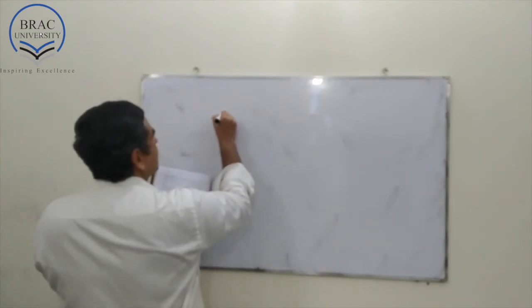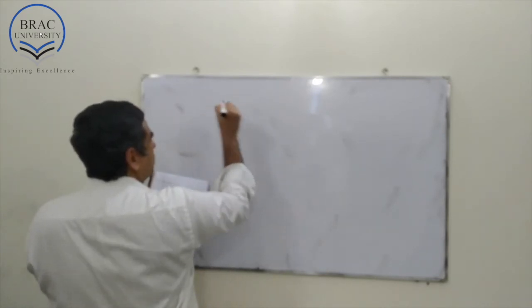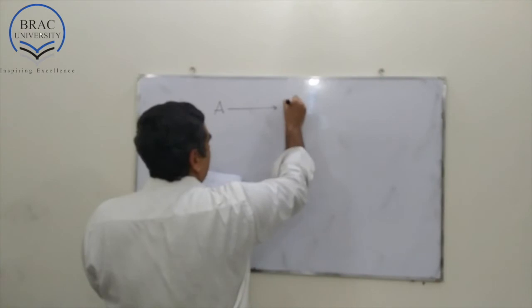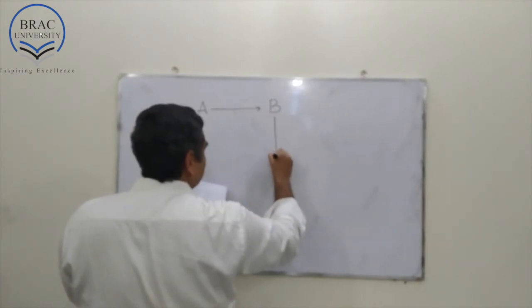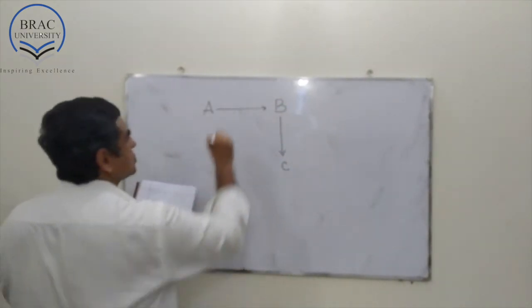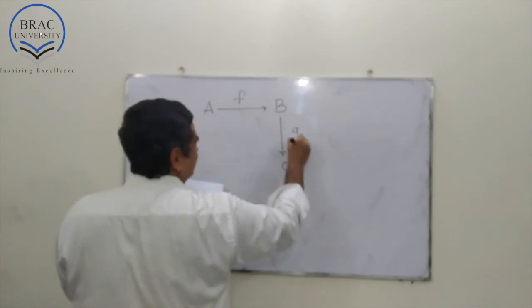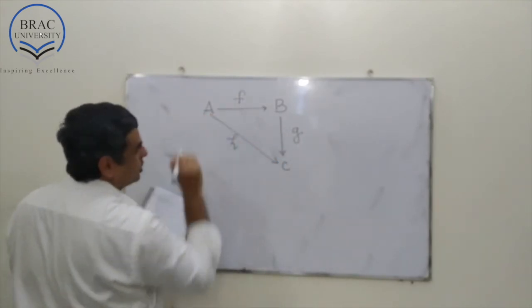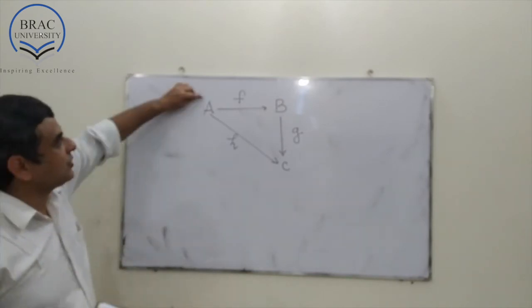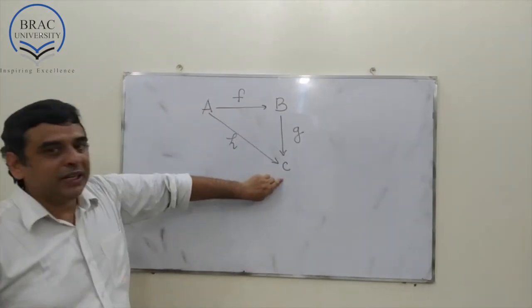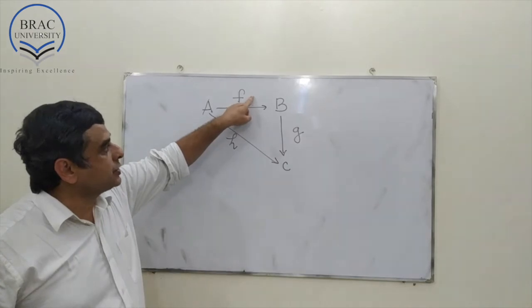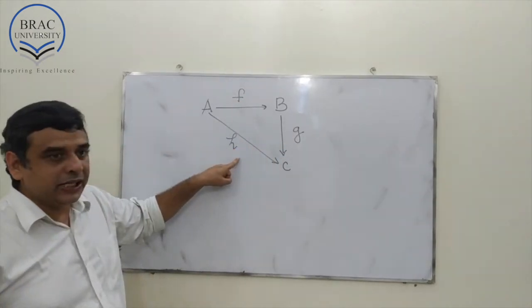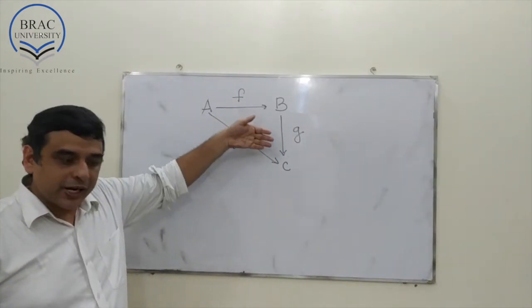So I write down the things in terms of pictures. Say that we have this picture of 3 sets and 3 functions. There are 3 sets here, A, B, and C, and 3 functions, F, G, and H, in the prescribed directions.